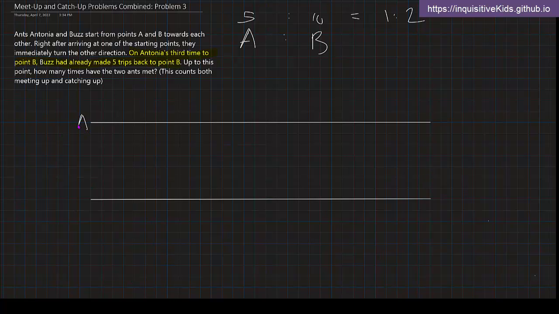Over here it's A to B, and this is B to A. So this is Antonia, and this is Buzz. Now you might be asking, how can we make a diagram if they're in different directions? You'll soon see why.